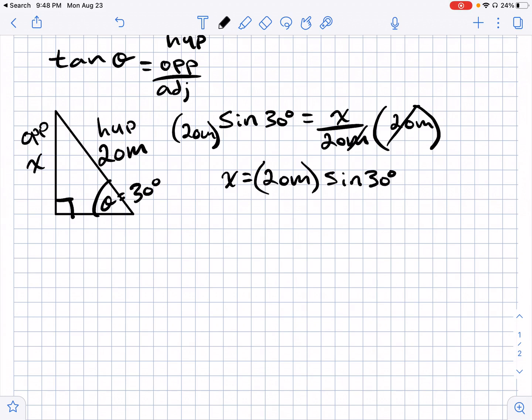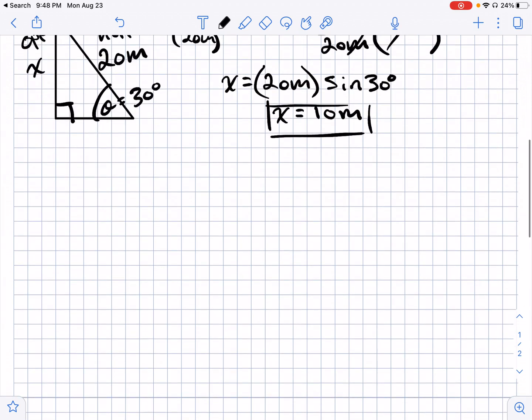Now in your calculator, you just hit sine 30, enter, and then you multiply it by 20. And you should get x is equal to 10 meters. So make sure you can type it out on your calculator and you get the same answer. If you don't get the same answer, double check that you are in degrees and not radians. So let's draw another triangle.